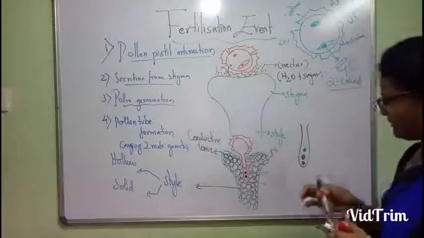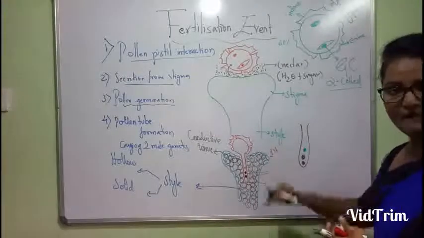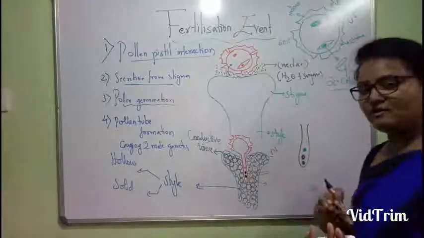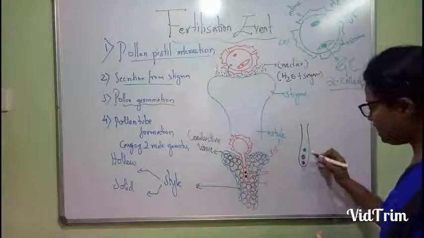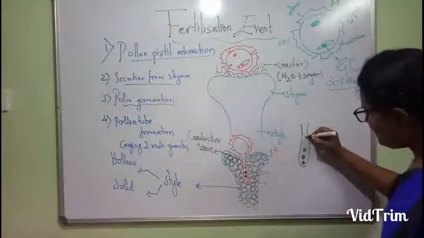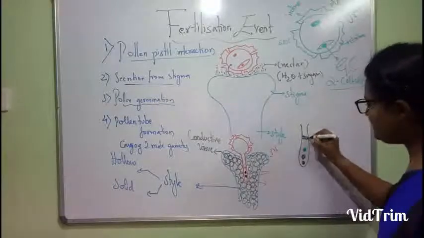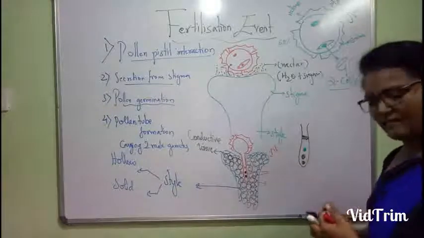What happens when they travel within the solid style is that there are chances for rupturing. Then they form a plug, or compartment, which is formed by some pectin chemicals.